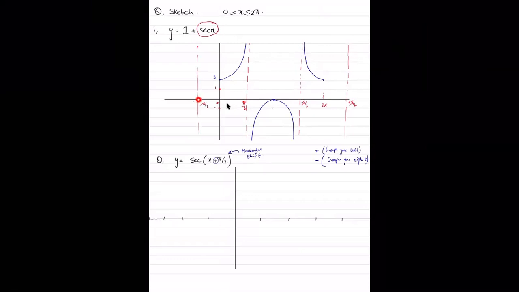If the asymptote was at minus pi by 2, it is going to go pi by 2 units backward. I want to shift the entire graph 90 degrees backward.